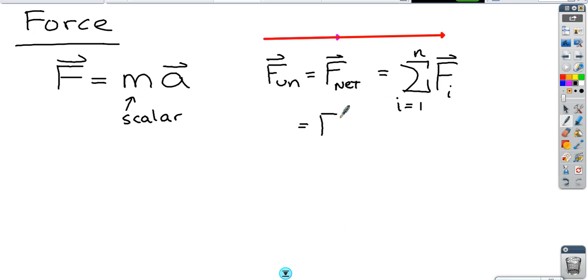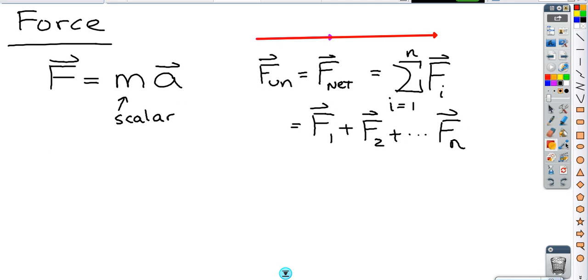That means it's F1 plus F2 plus all the way up to whatever force you have in your system. But those forces add together in the vector way. So you have all these forces acting on an object. So let's say you have a free body diagram.